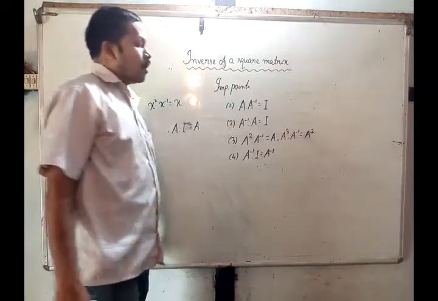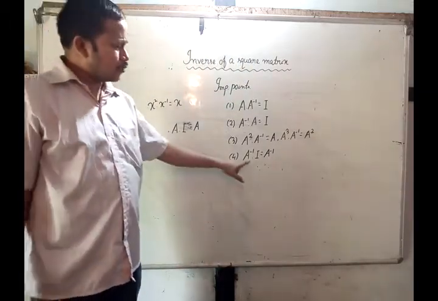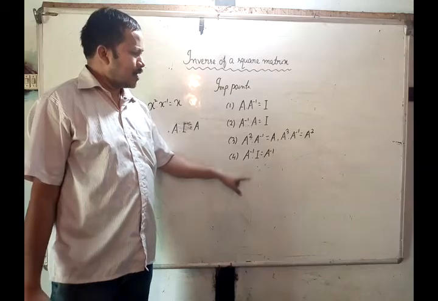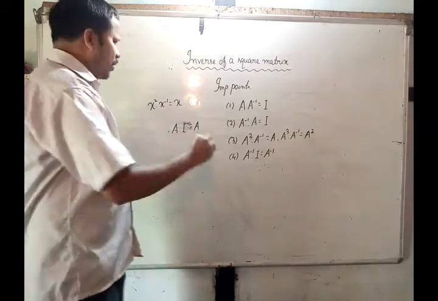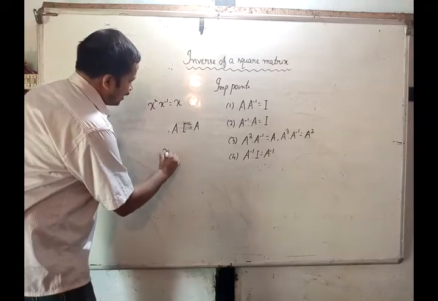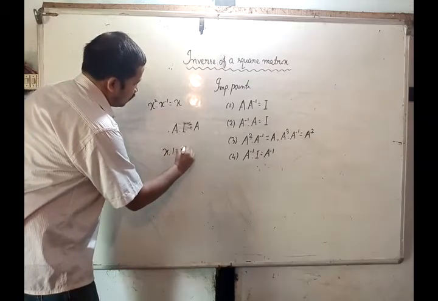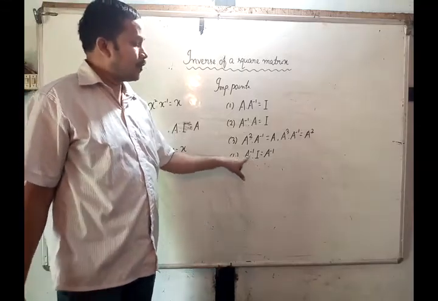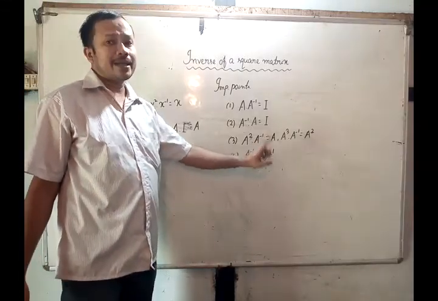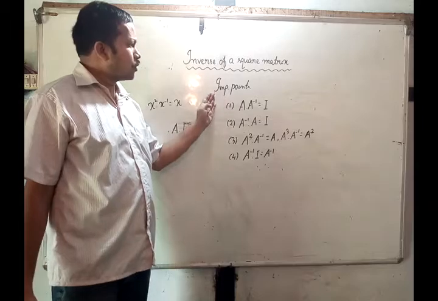Just as a number x into 1 equals x, matrix A into I equals A, and A inverse into I equals A inverse. These are some important points about the inverse of a square matrix.